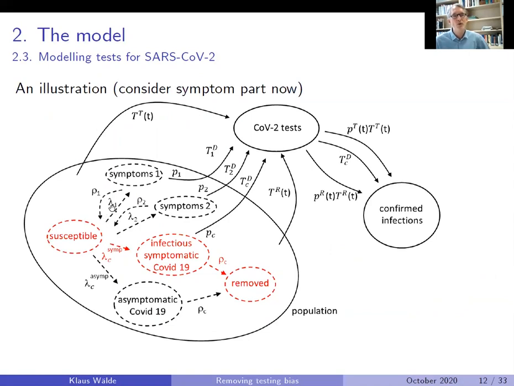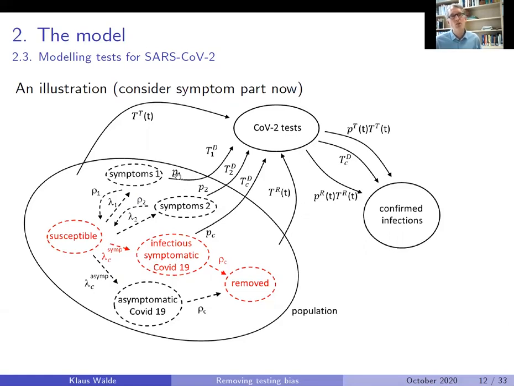So people with certain arrival rates, lambda 1, lambda 2, end up at the doctor with a set of symptoms: the flu or a cold, or having respiratory problems for other reasons. Then the doctor decides with a certain probability P1 with symptom set 1, with a certain probability P2 with symptom set 2, or with a certain probability PC when you actually have symptoms that look more like COVID-19.